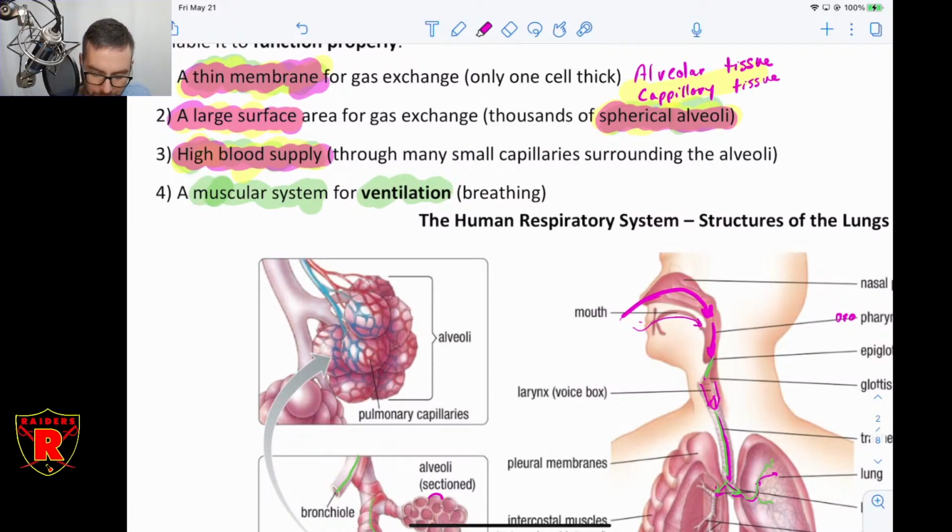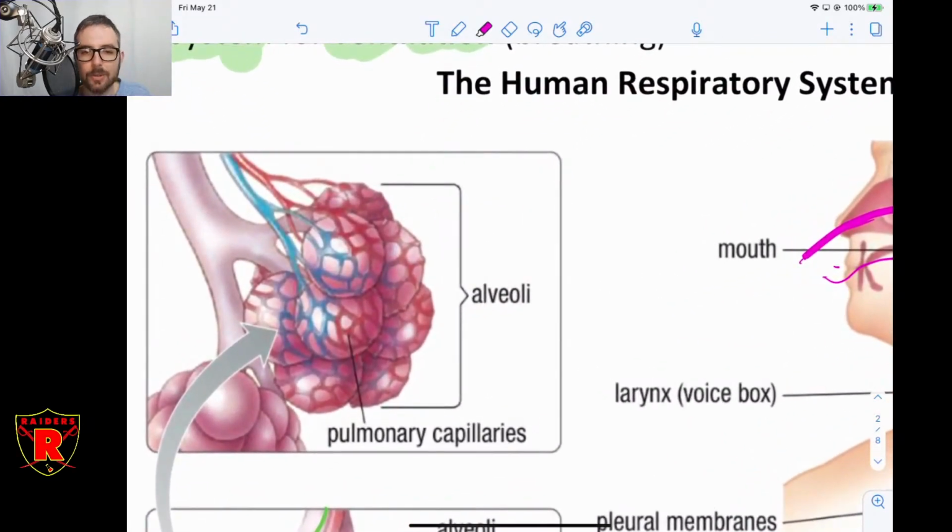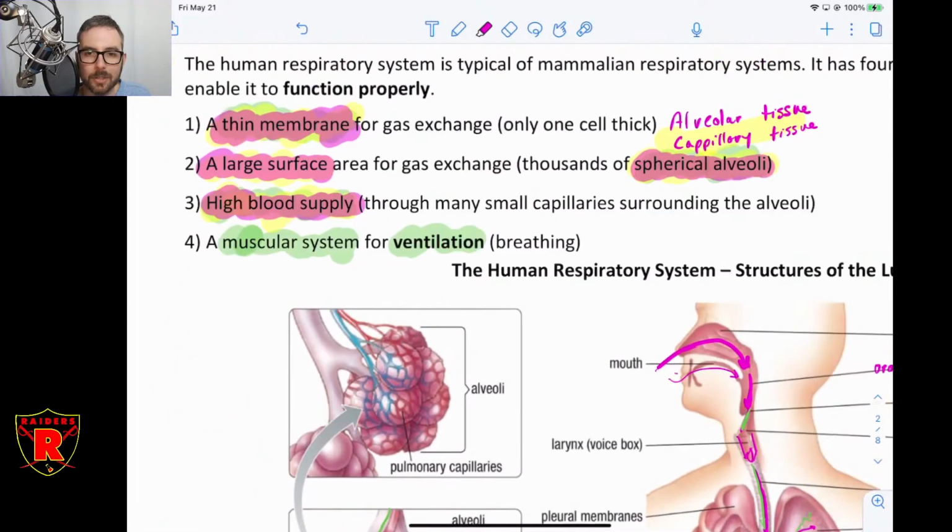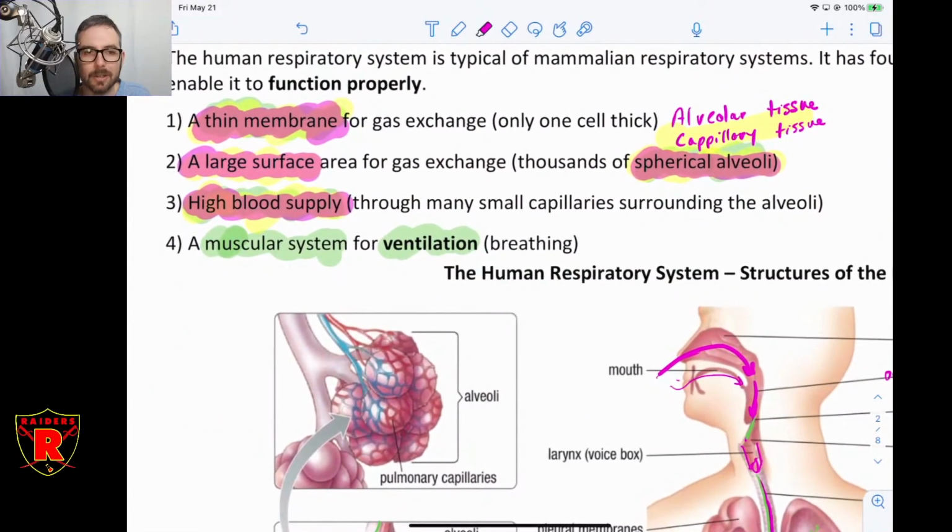This diagram really shows it well, which is that there is a network of capillaries going around each alveolus. They are very highly vascularized, which, if you can imagine, if you're doing surgery on somebody's lungs, man, do you ever have to be careful? Because when you cut them, they bleed like crazy. There is so much blood supply to the lungs, and so they're very difficult. You don't want to nick them when you're doing surgery.